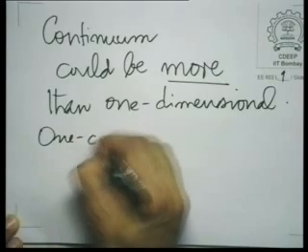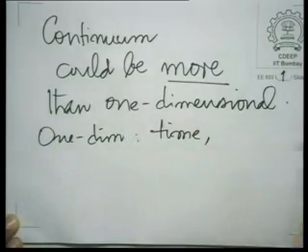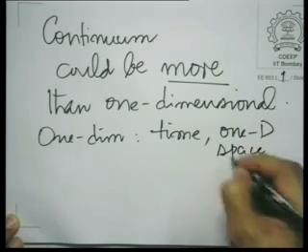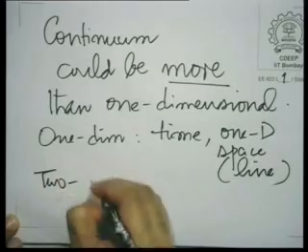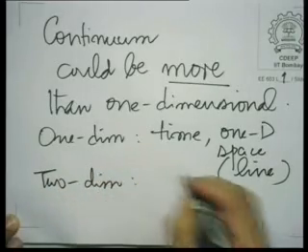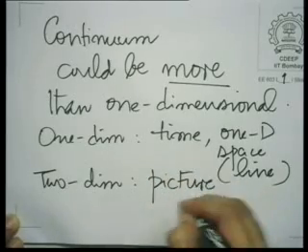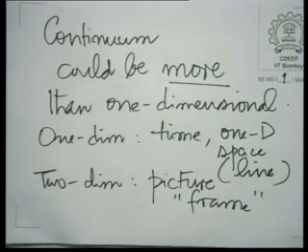One dimensional, an example is time. 1D space, that is a line, and so on. It could be two-dimensional. So for example, you can have a picture frame, you can call it if you like. So the space on which you put a picture is a two-dimensional continuum.